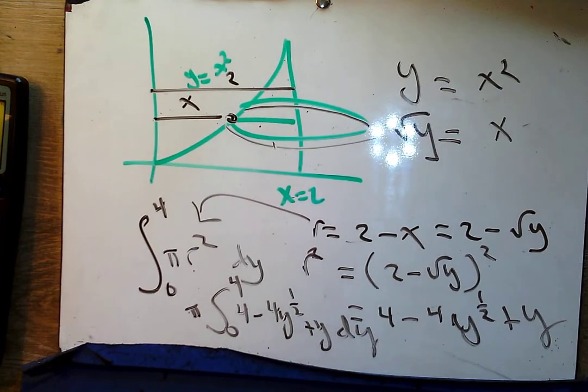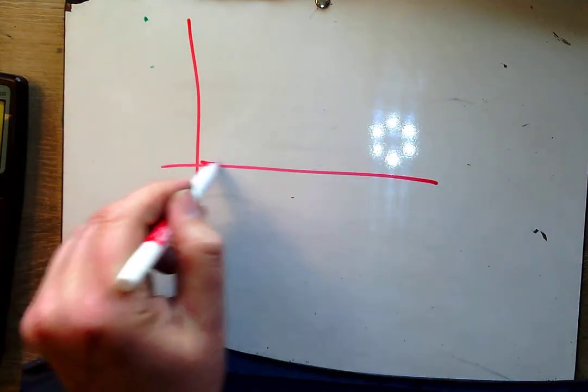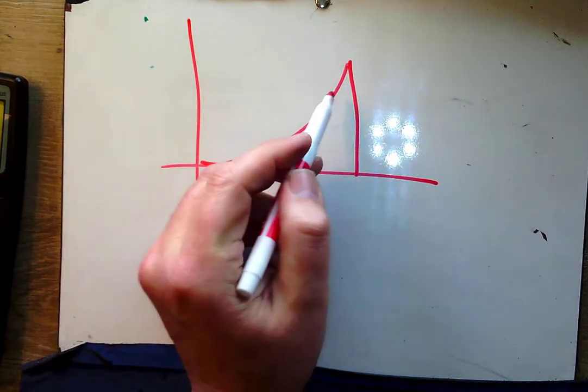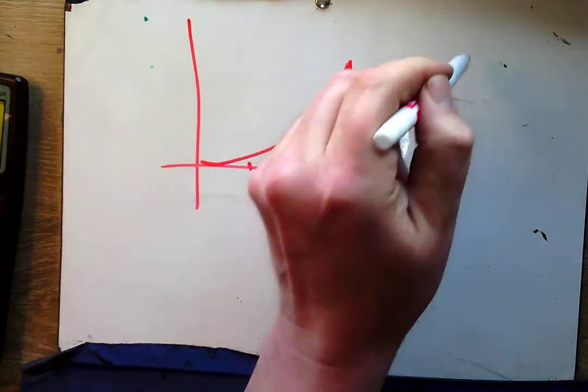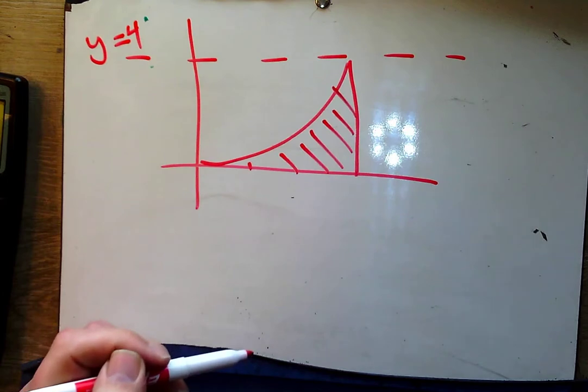Okay, that's good. What if I wanted to rotate the same region, this region, around the line y equals 4?